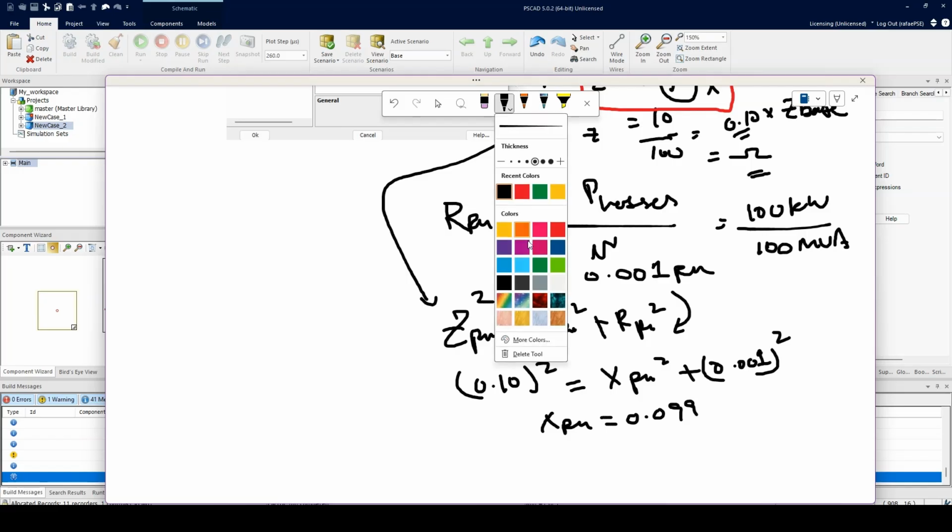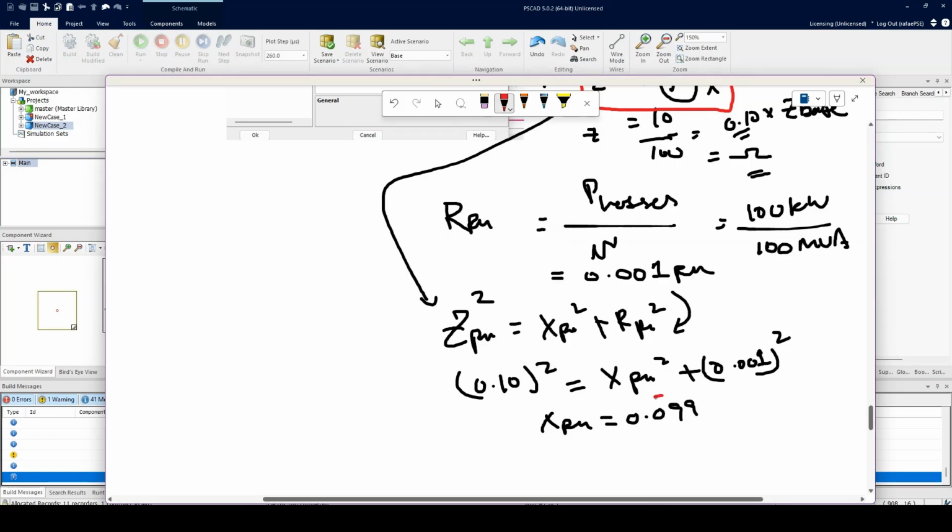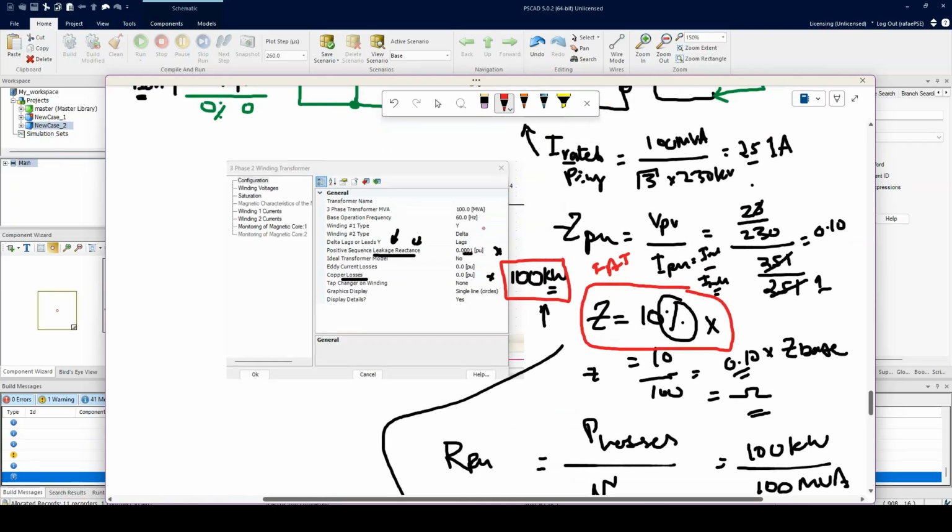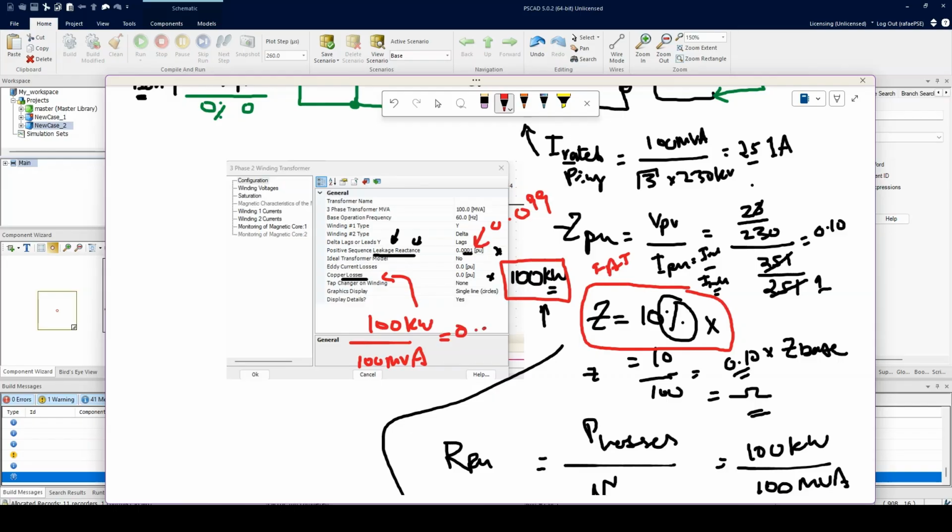This is the value you would put right in here. And in the copper losses you would not put 100 kilowatts, because it's a per unit value; you would divide that over the 100 MVA, which gives you 0.001, and that's what you would put in this field here.